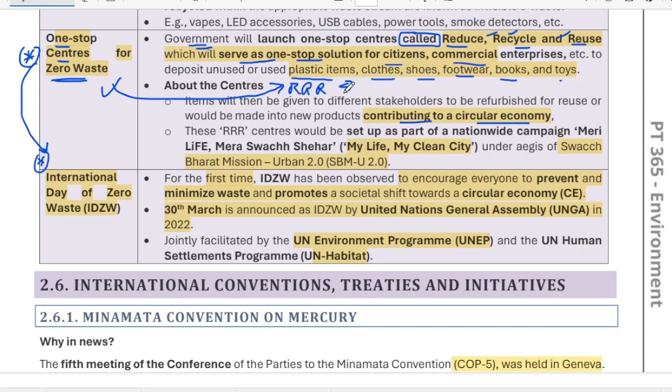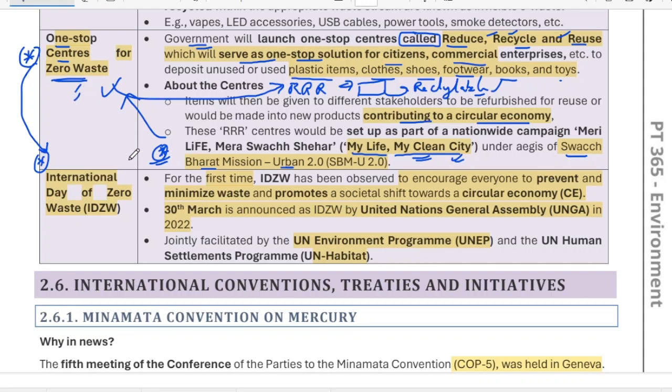These centers will process these waste items and make new recyclable items from them. This campaign has been launched under the Meri Life My Life My City campaign of the Swachh Bharat Mission, and you have to remember this. A campaign called My Life My Clean City has been launched under Swachh Bharat Mission Urban, and under this the one-stop centers for waste have been launched.